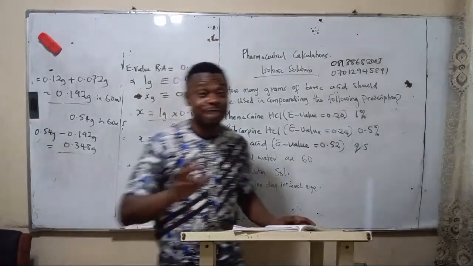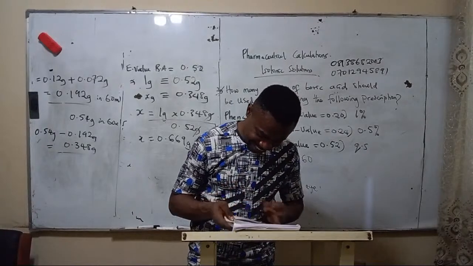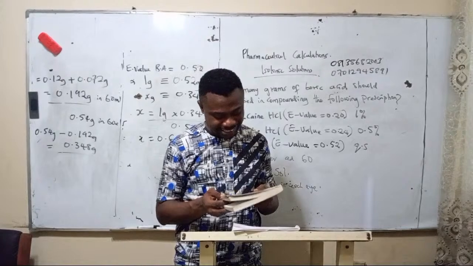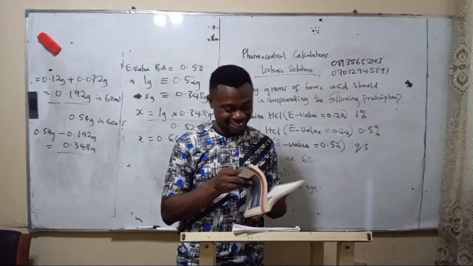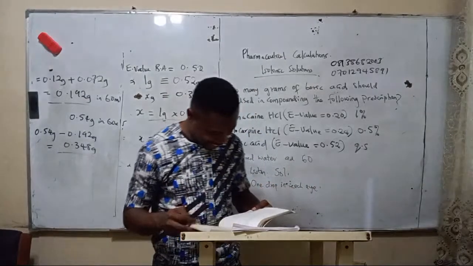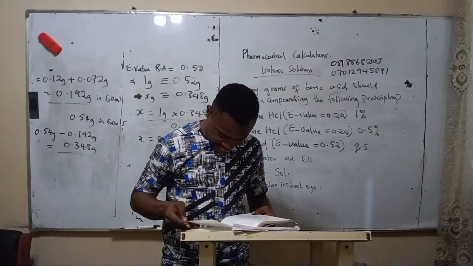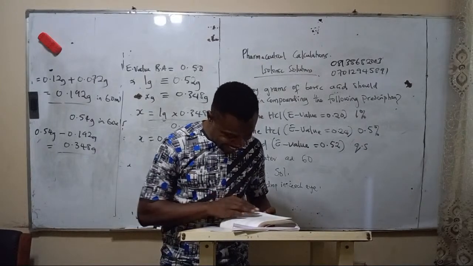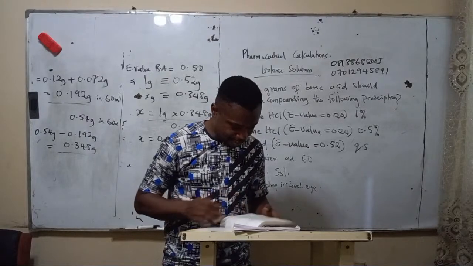Okay, I just confirmed something now. The student got this question from the textbook Pharmaceutical Calculations by Howard C. Ansel, 14th edition. I just confirmed it, and that's where he got the question. It's in the examples on page 180.